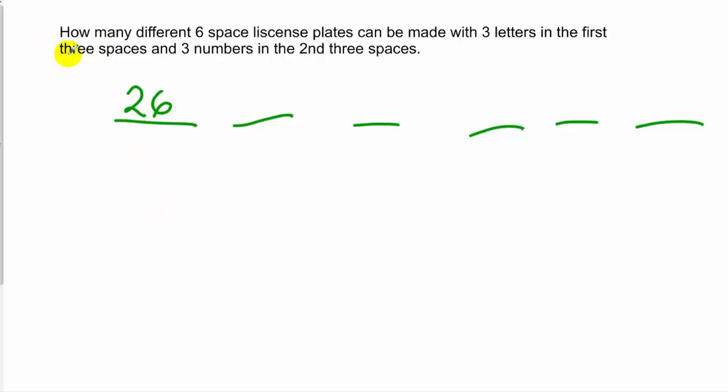This problem doesn't mention anything about not being able to repeat letters, so I have 26 choices for my second spot and my third spot. When we start talking about choosing numbers for my 3 spaces at the end, remember you can only use single digit numbers. So we've got the numbers 0 through 9, which is 10 possible numbers. And since they could repeat, I have 10 here and 10 here.